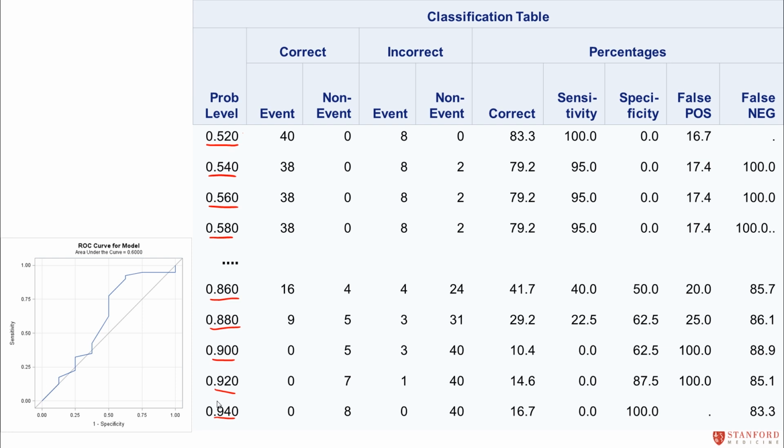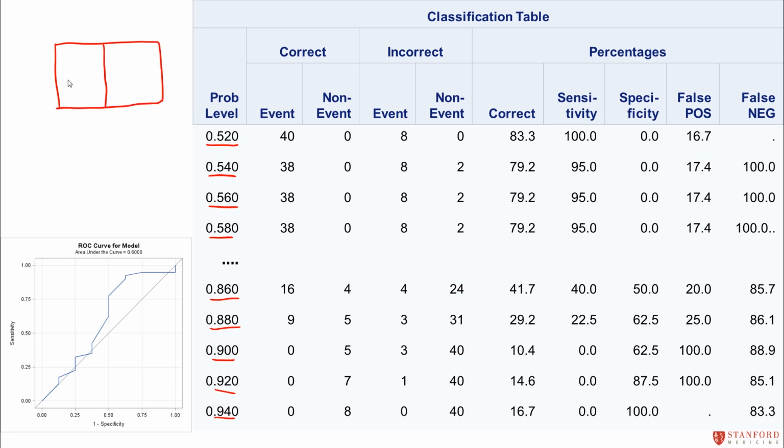The ROC curve is set up by taking the person with the lowest predicted probability in your data set and making that the cutoff for being classified, in this case, as book smart. So everybody with a predicted probability of 0.52 or higher is called book smart. Since everybody in the data set has 0.52 or higher, everybody is classified as book smart.